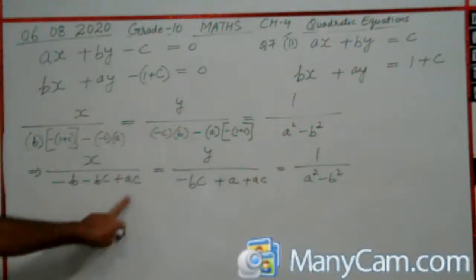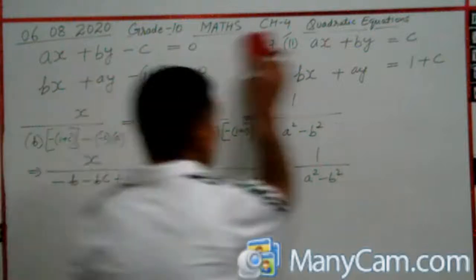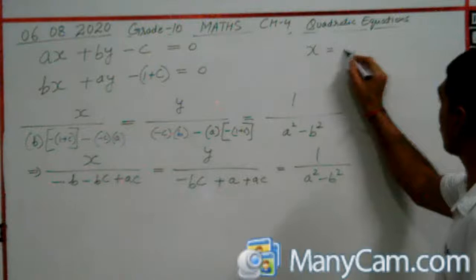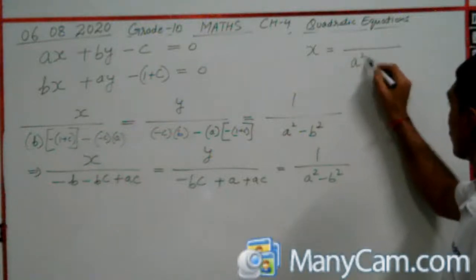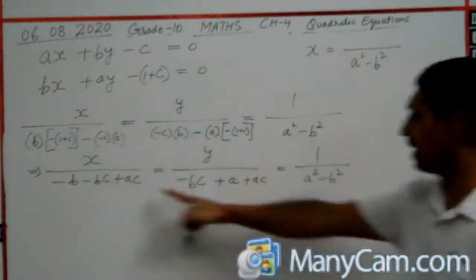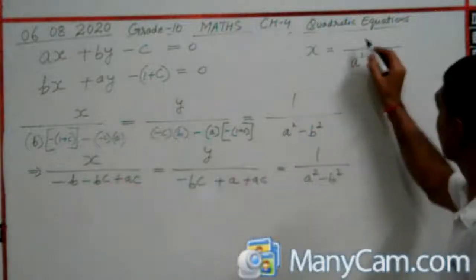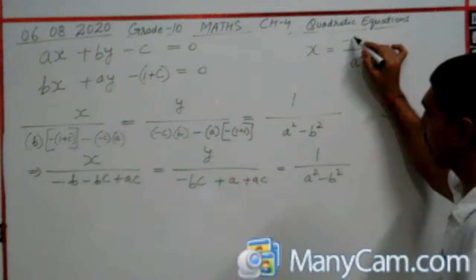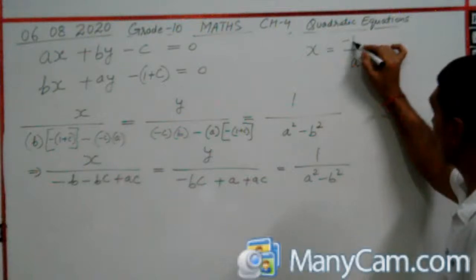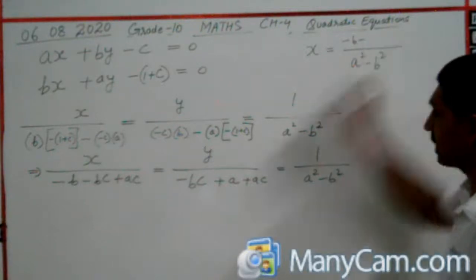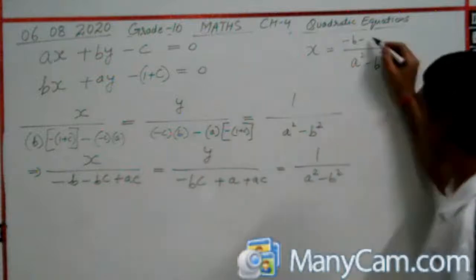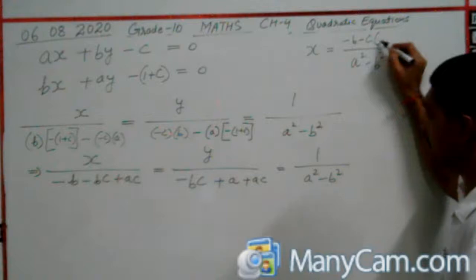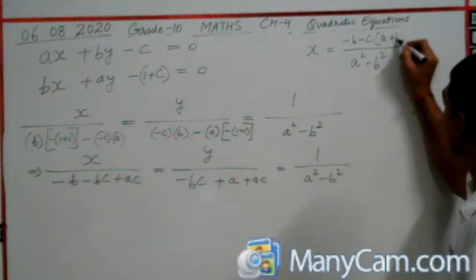So what is the value of x? The value of x is equal to, with a square minus b square below, we can take minus common outside, and taking c common, that is minus of b minus of c into a plus b.